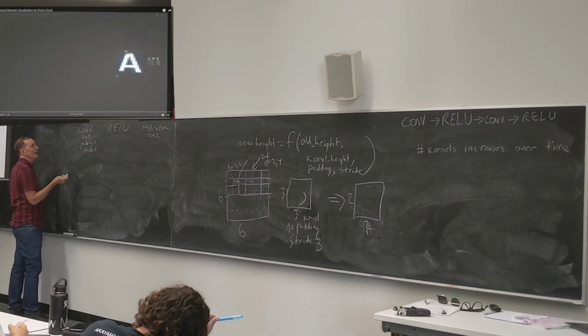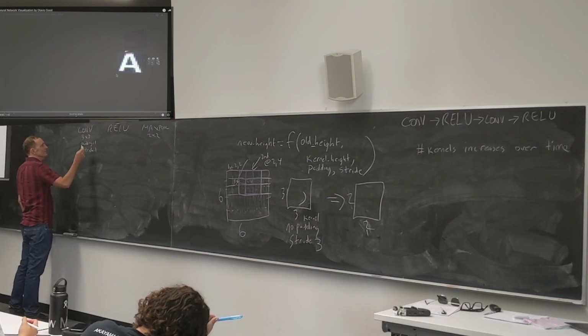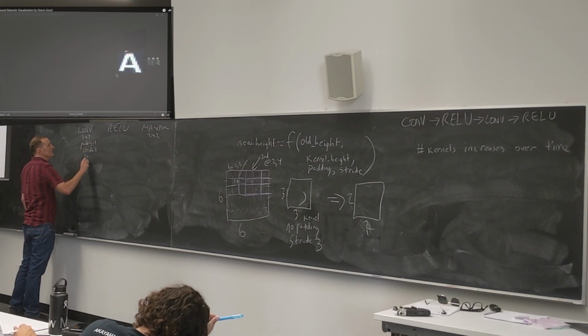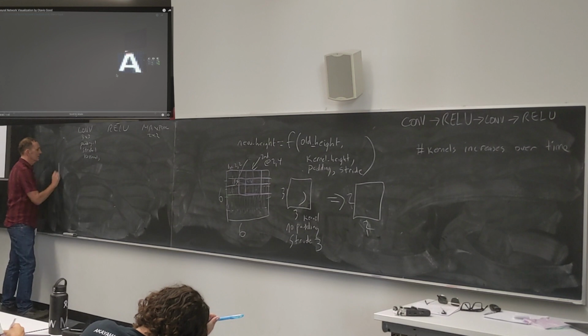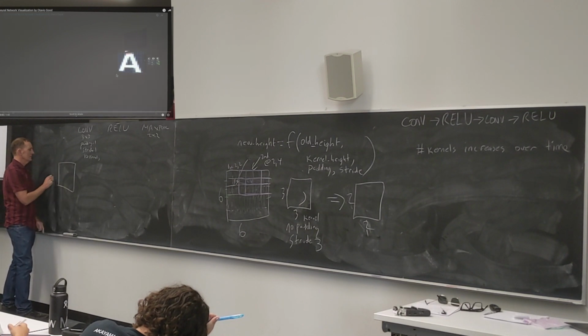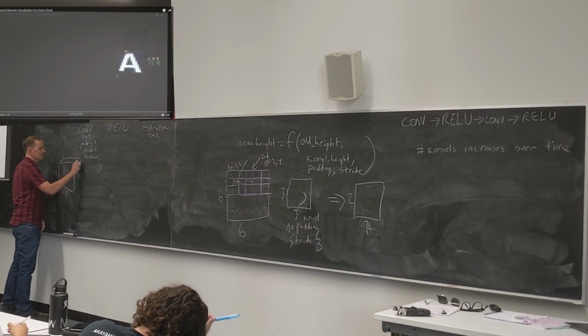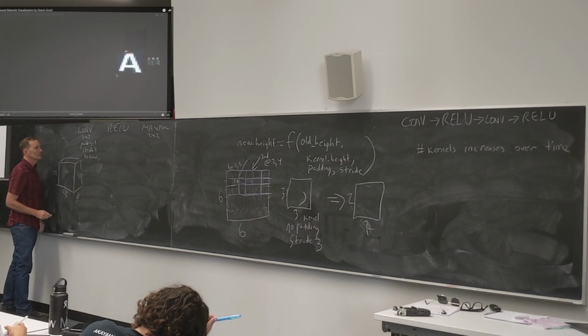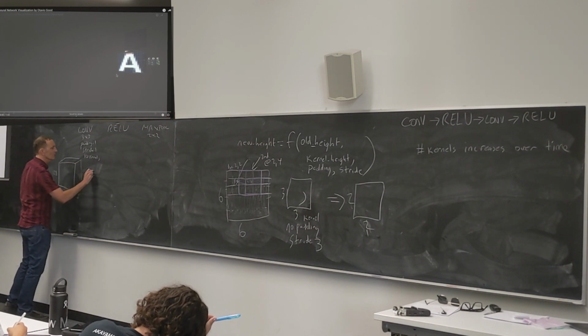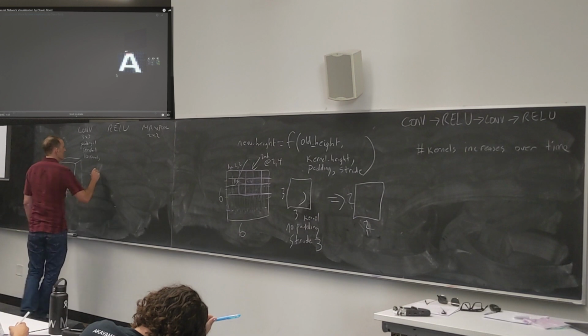We've got 10 kernels. Our input is 128 by 128 by 3. What is the shape of the output from convolution?